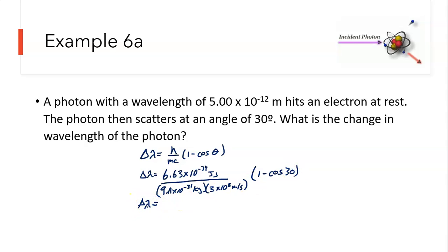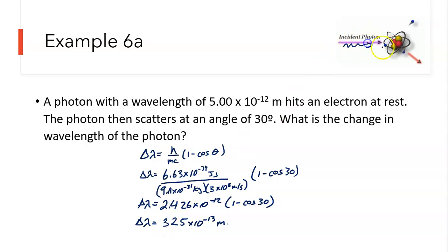So this change in the wavelength, the numbers in front are 4.246 times 10 to the negative 12, times (1 minus cos 30). And it's quite common for students to forget this part as they go through. Don't forget it. And you wind up with a change in wavelength of 3.25 times 10 to the negative 13 meters. Now that's the change in wavelength.